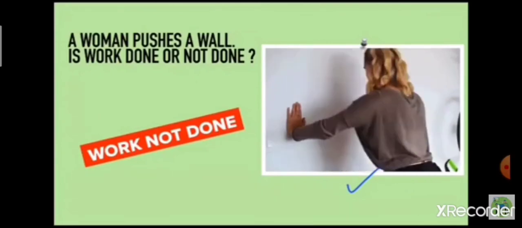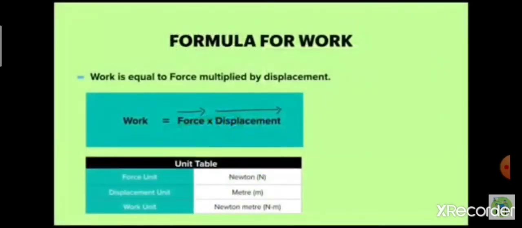So we simply multiply the force with displacement, and we get the formula for work. Here you also have a unit table. In the unit table, the unit of force is Newton and the unit of displacement is meter. When Newton is multiplied with meter, the unit for work is Newton meter. So here we have to write the unit for work is Newton meter.